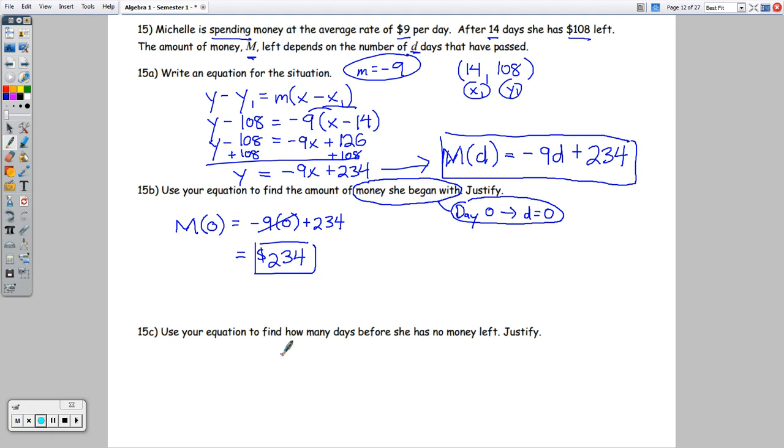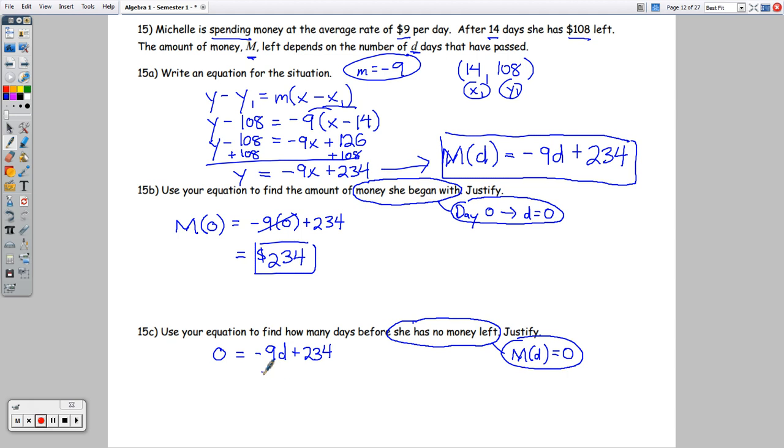And then use your equation to find how many days before she has no money left. Well, if she has no money left, that means your M value is 0 instead of your D value. So this one we're saying M of D, the whole thing, equals 0. Therefore, you're saying 0 equals -9 times D plus 234.